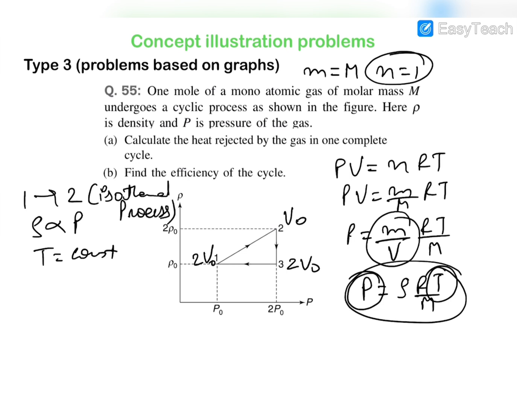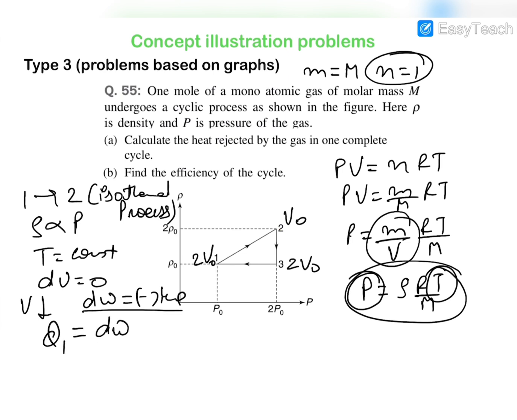In this process you can see that volume is decreasing. So temperature is constant, so dU will be 0, and volume is decreasing, therefore work done will be negative, and Q will be negative. Let us suppose the heat exchanged by the gas with the surroundings in this process 1 to 2 is Q1, and that would be equal to dW, and obviously dW is negative, so this is the rejected heat, because negative heat is the heat rejected.